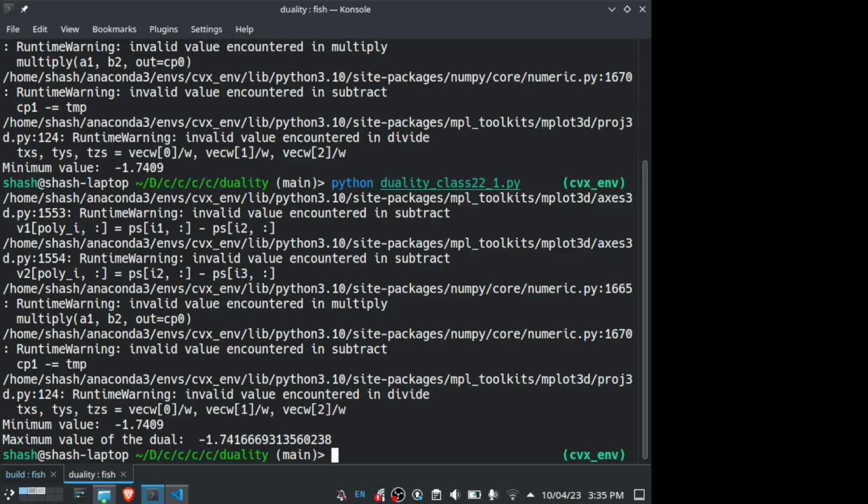So this is an example where you have a non-convex optimization problem, but the dual function is a convex optimization problem. So we started with a non-convex optimization problem, but then we could convert that to a convex optimization problem and then use convex optimization techniques. So in scenarios where you know strong duality holds, you can convert your non-convex optimization problem to a convex optimization problem using duality.